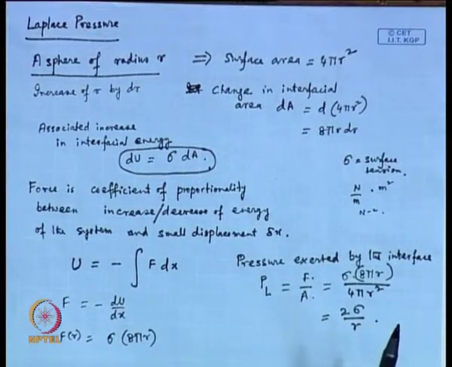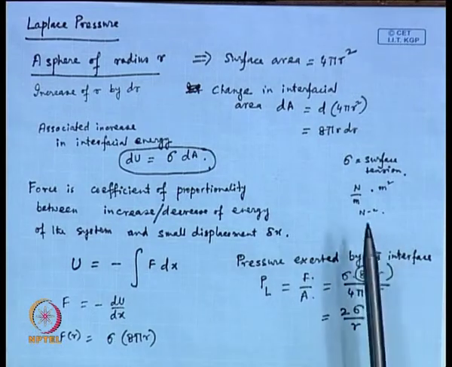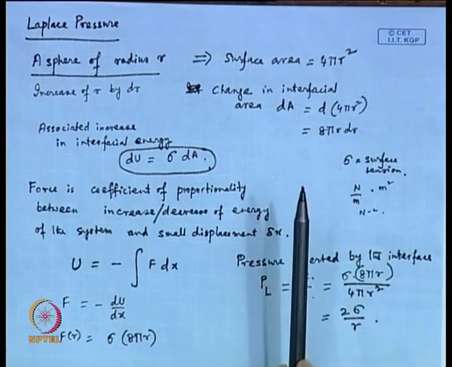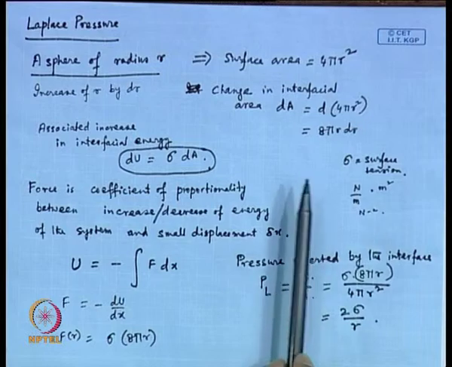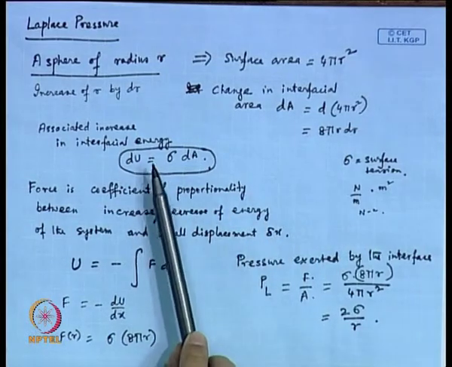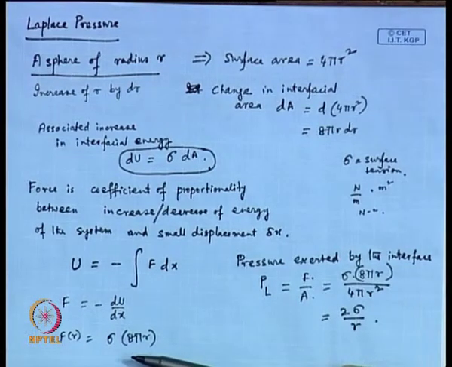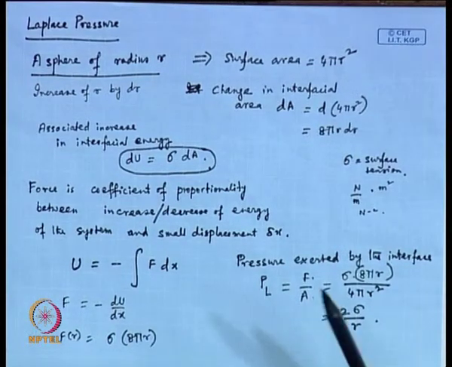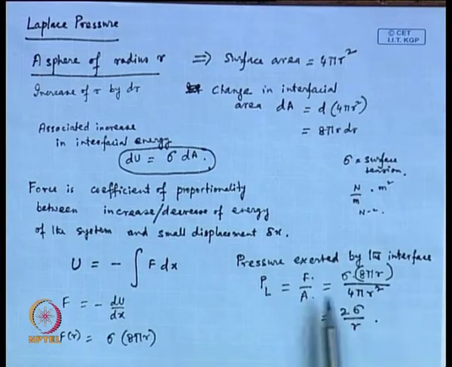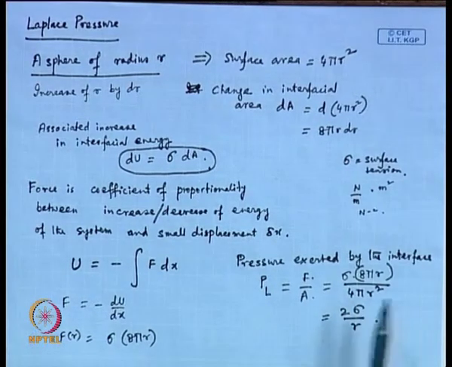So, if there is a change in interfacial area, and we call this dA, then because of that there would be an associated increase in interfacial energy, and because of that there would be a force existing. So, there will be some extra pressure exerted by the interface, which would be this quantity.